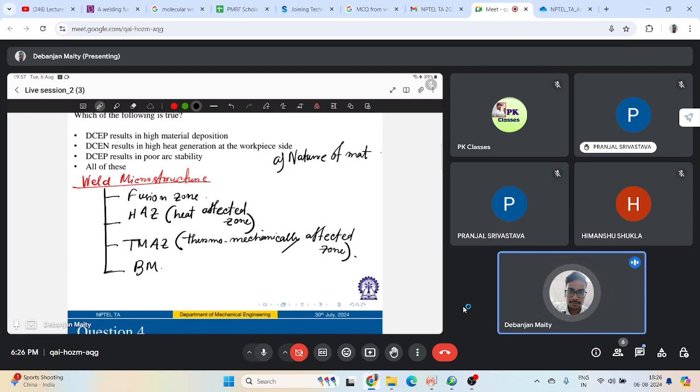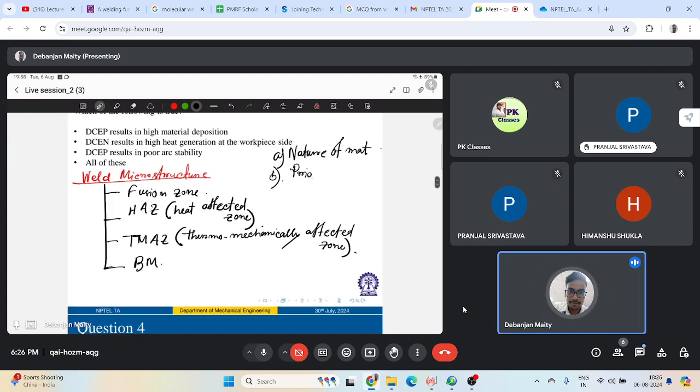It can depend on any prior heat treatment or any preheating you are doing. That also can change your microstructure.